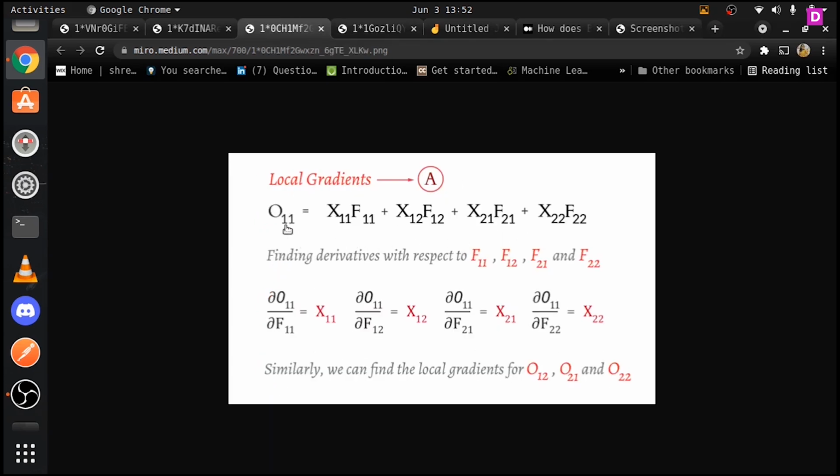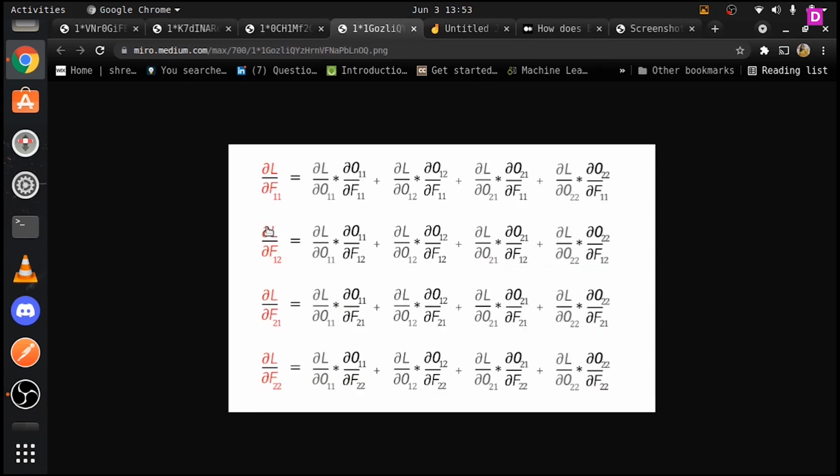Now if we remember, when we were differentiating O11 with F11, we were getting X11, and in the same way we were getting X12, X21 and X22. So what we can do now is substitute these values into the values here that we have.